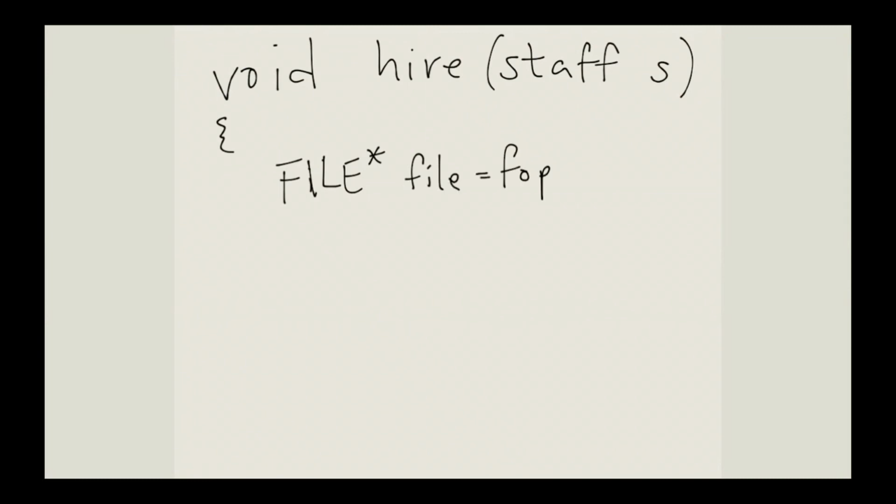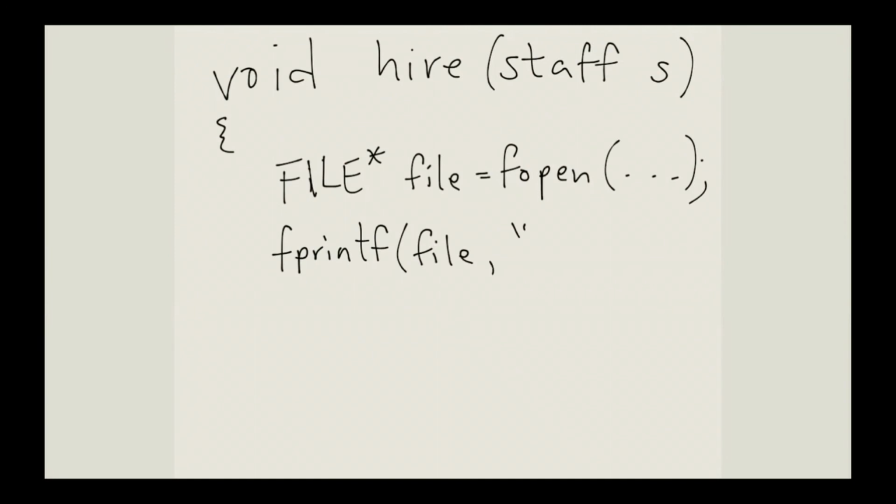We have our fopen line given to us, and I'll just write it as dots since it's already in the PDF. Then on our next line, we're going to make a call to fprintf, and we're going to pass in the file that we want to print to, and then our format string, which I'll let you guys tell me what it looks like.